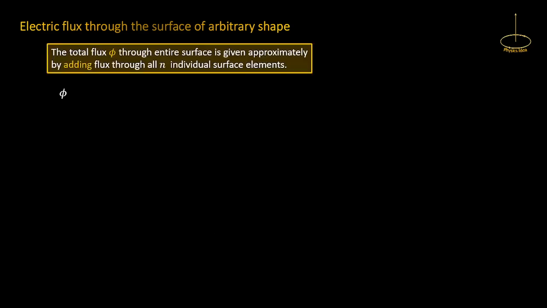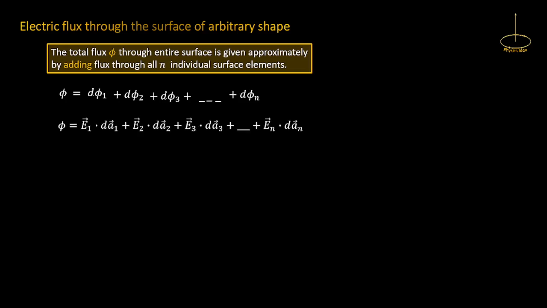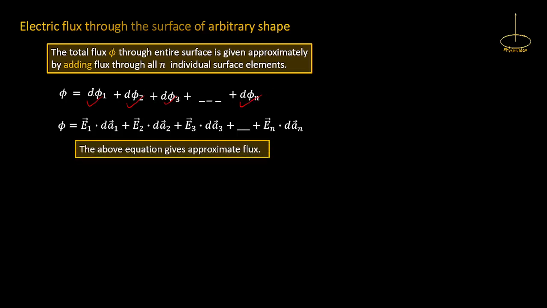The total flux phi through entire surface is given approximately by adding flux through all n individual surface elements. That is, we write E bar dot dA bar for each flux through surface elements. The above equation gives approximate flux.